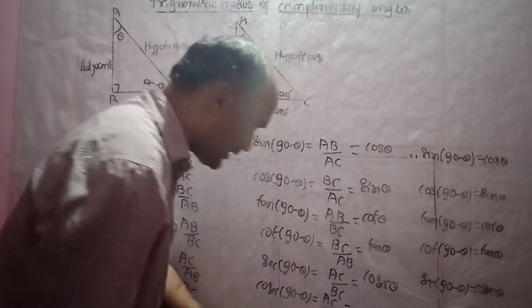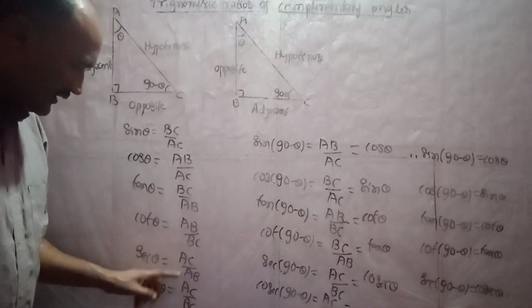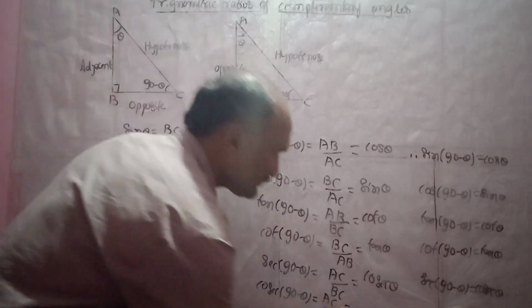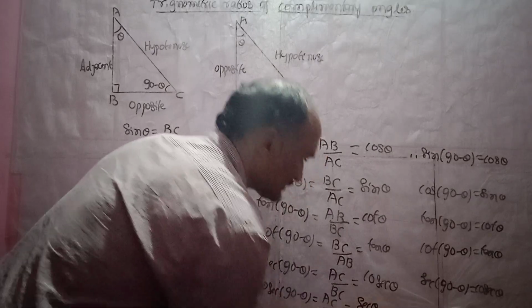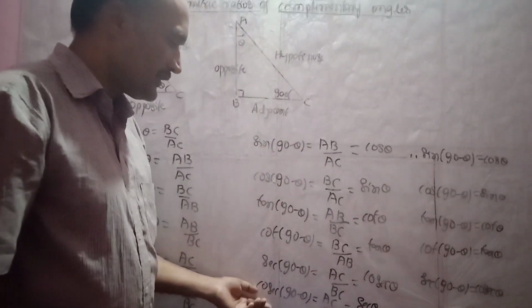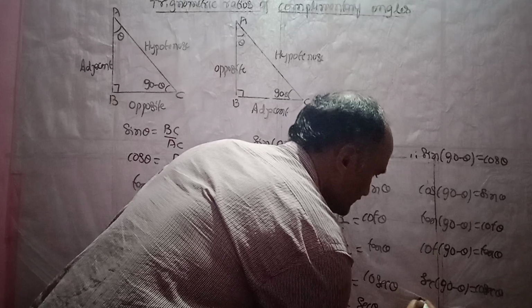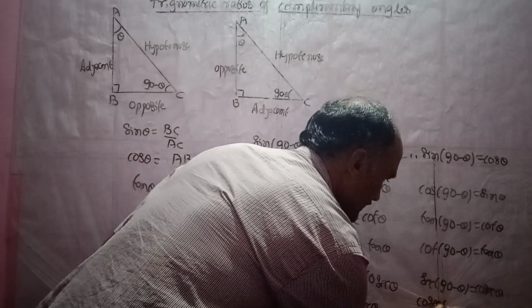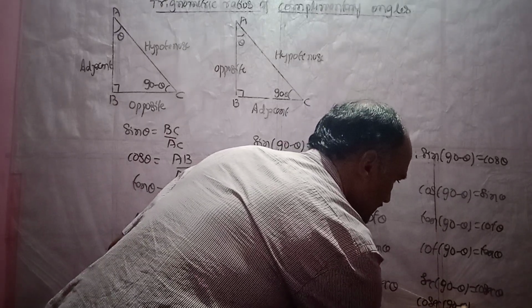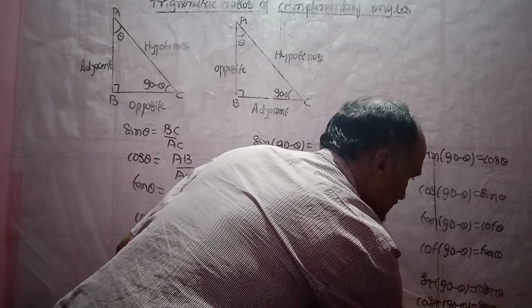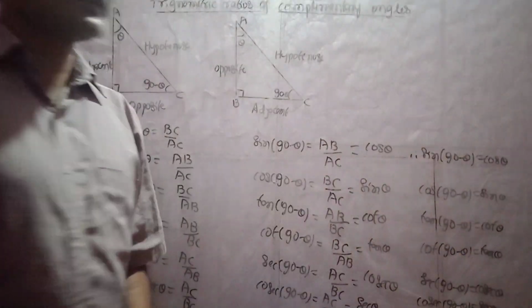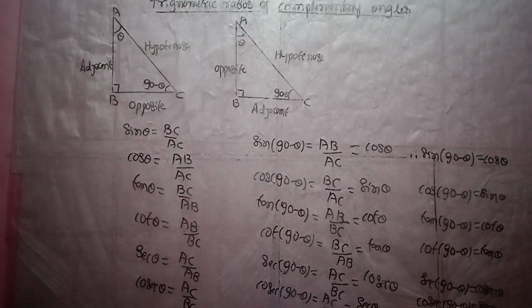So AC by AB is nothing but secant theta. So cosec 90 minus theta is equal to secant theta. These six complementary angle ratios, try to keep in mind, dear student.